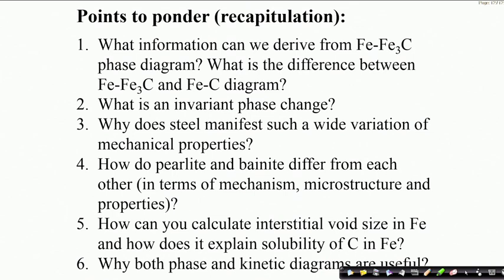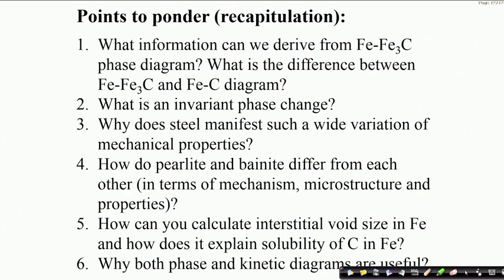In case of pearlite, it is cementite leading to formation of ferrite. In case of bainite, because of large undercooling, it's first ferrite followed by nucleation of cementite. Of course, there is some controversy about the exact mechanism, whether it's diffusional or there is a non-diffusional component, but that's a different subject altogether.